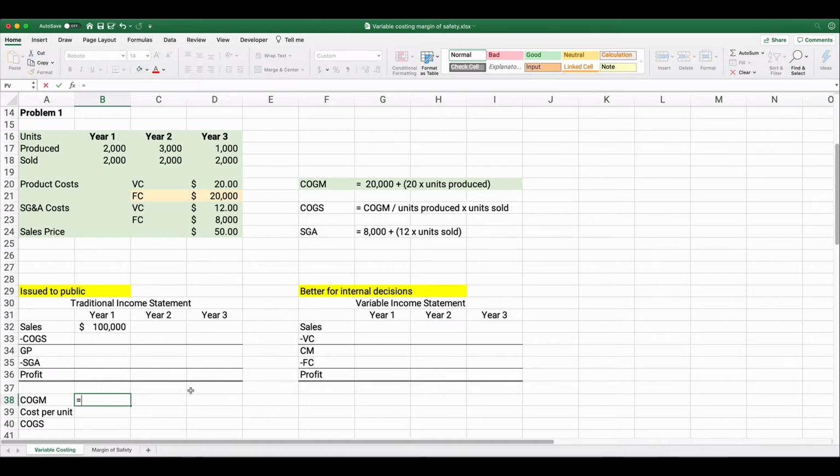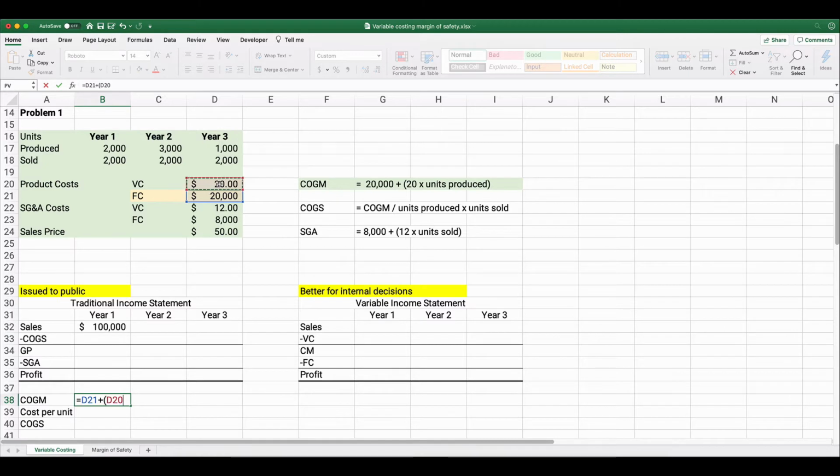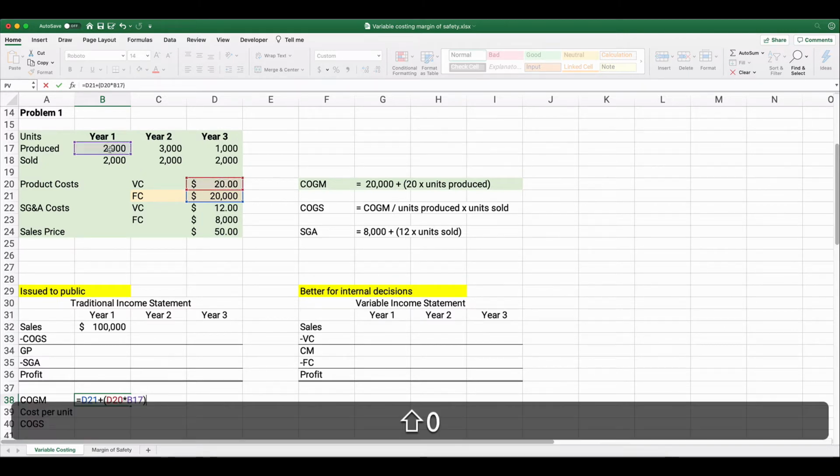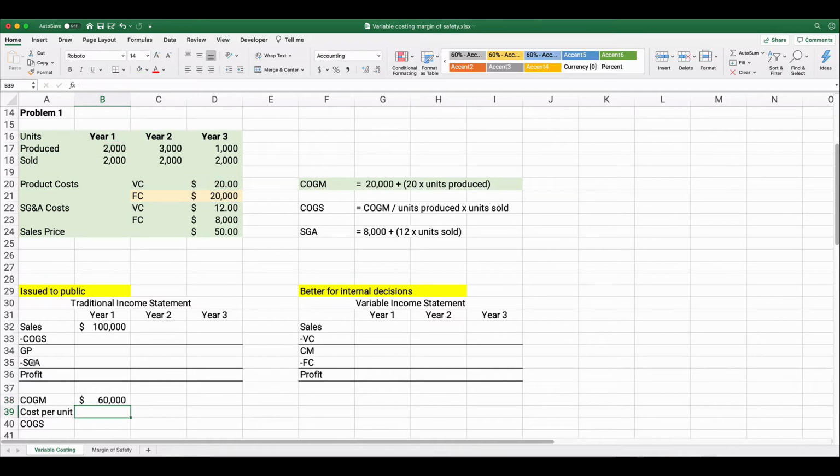This is the 20,000 plus the $20 times the number of units we produced. We need to put the $20 times the number of units produced in parentheses first, and then add it to the 20,000. So our cost of goods manufactured is going to be 60,000.